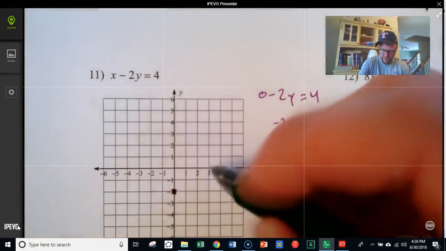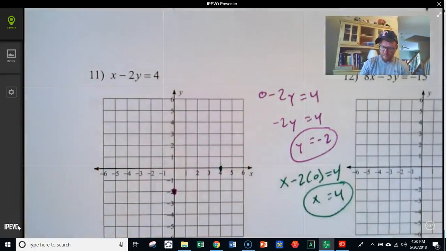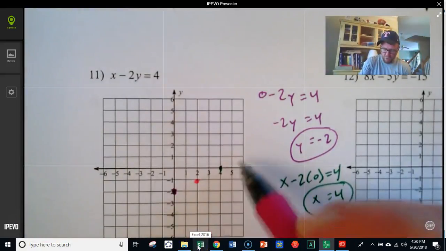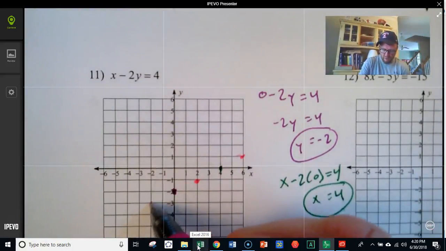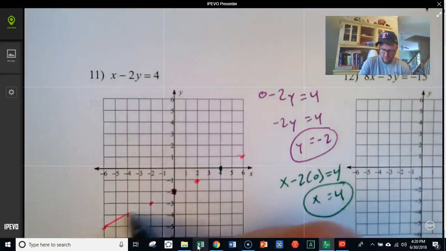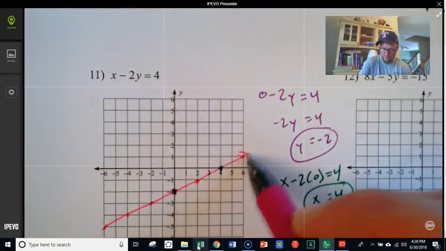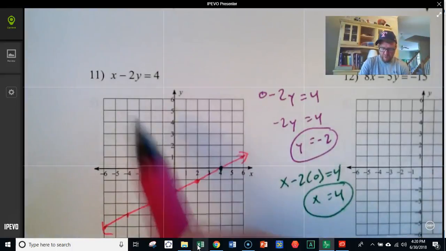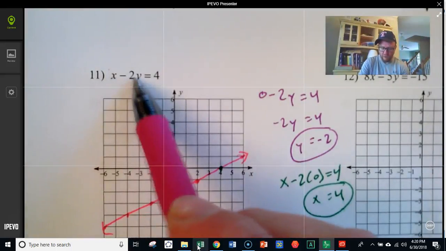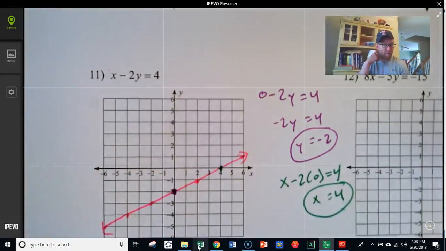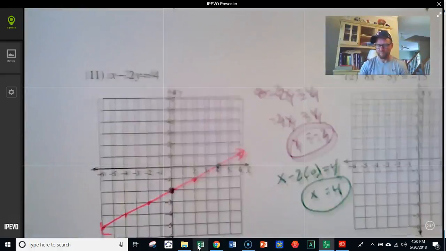And I'll plot that right here. And you can see that I got an over 2 up 1 pattern. Let's see how that works out pretty well. Notice how the coefficient here was a 1, that's a 2, and 4 is divisible by both those numbers, so it worked out pretty well.